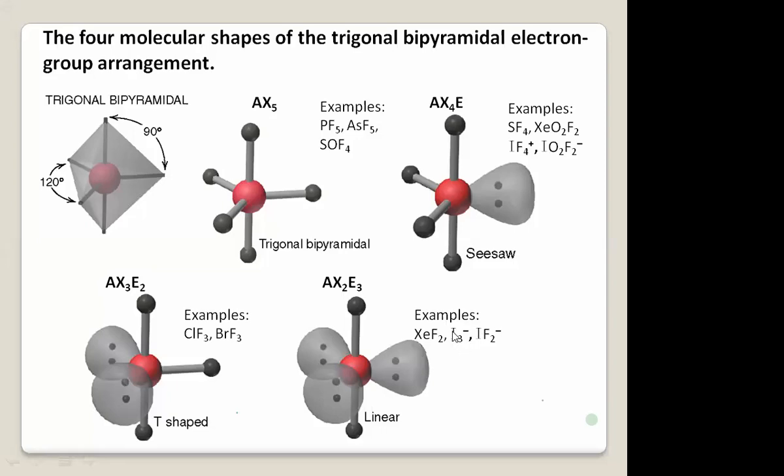I3 minus. This is not an appropriate way to put it, but I will just say you have one I with 2 I's attached to the one I, something that looks like that, but that is not really what it is; I'm just using that to explain what I3 means. Then you have IF2 minus. So you have 2 fluorine atoms attached to one iodine atom that is the central atom.